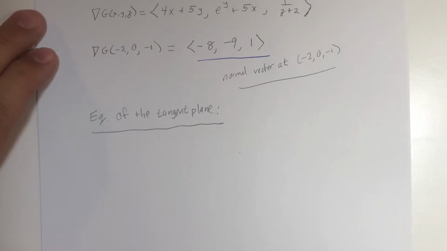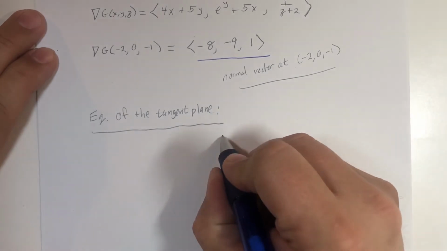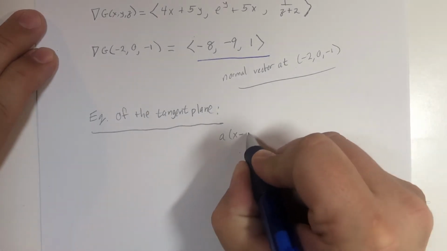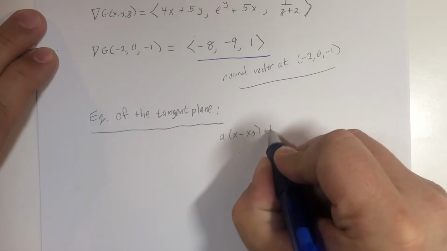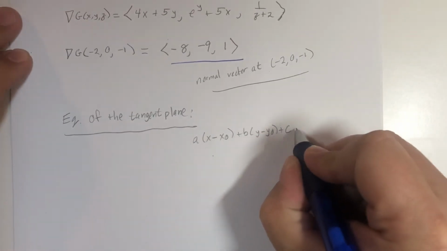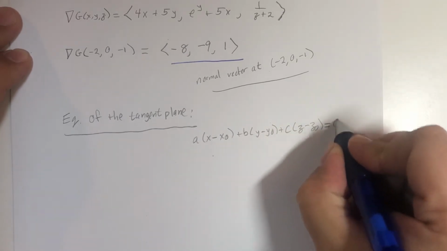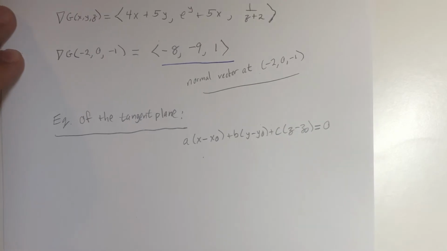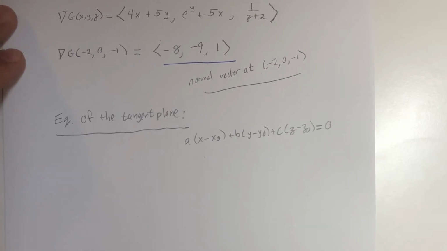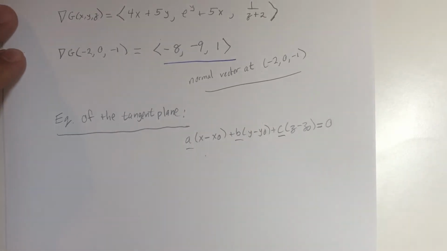And to write the equation of a tangent plane, it was of the form a(x minus x naught) plus b(y minus y naught) plus c(z minus z naught) equals 0. Once upon a time there was a dot product in there equal to 0, which meant the vector ABC was orthogonal to any vector that was on the plane itself, given a point on the plane.